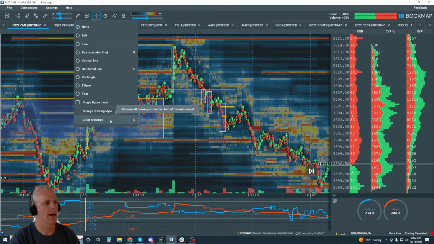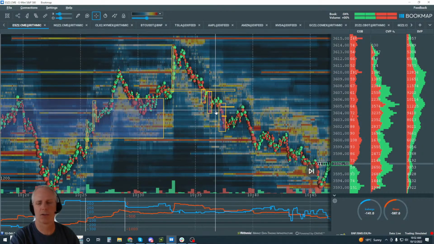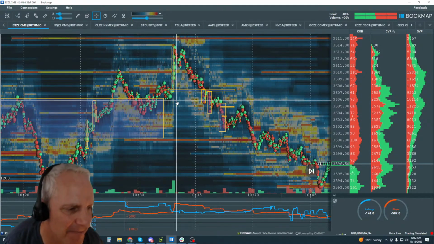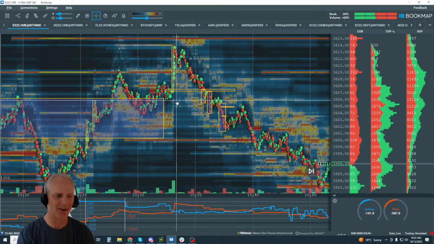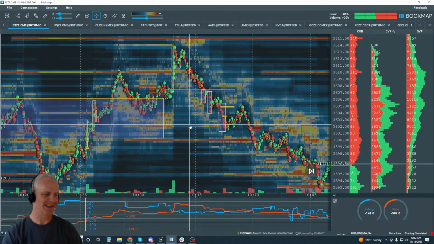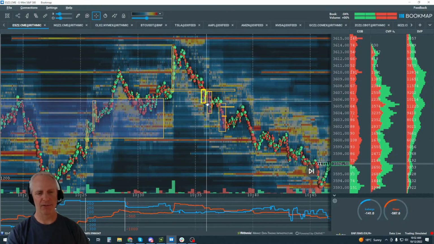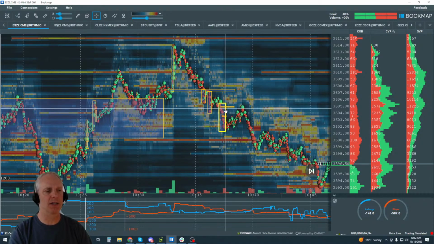Something I want to show you guys also is the drawing tools, and this is for Scott for tomorrow. He's been giving me a hard time about the drawing tools and not showing shortcuts to him. Using Bookmap 7.3, if you download it now, you'll have access to these new improved shortcuts.